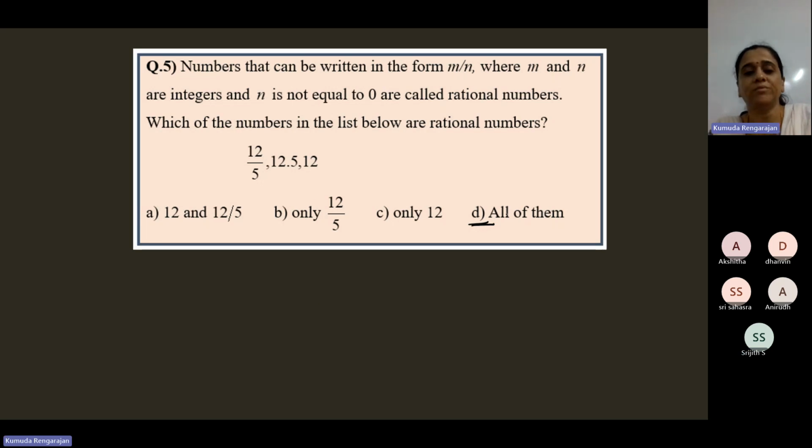All of them is the correct option because 12 by 5 is integer by integer, a rational number. What is 12.5? It's a terminating decimal. And terminating decimals are rational numbers. 12.5 is nothing but 125 by 10.